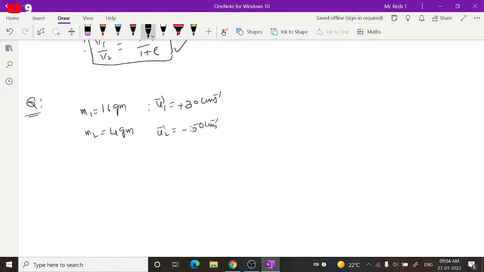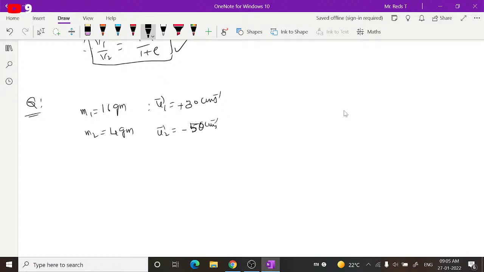The negative sign says that it is in vector form, otherwise plus 30 i cap, minus 50 i cap only. That sign tells about the direction of motion.